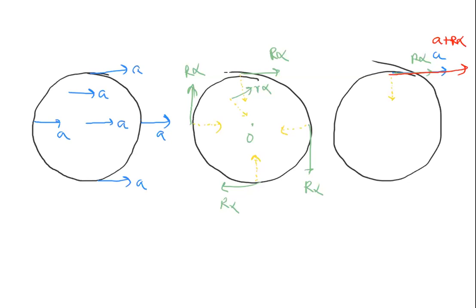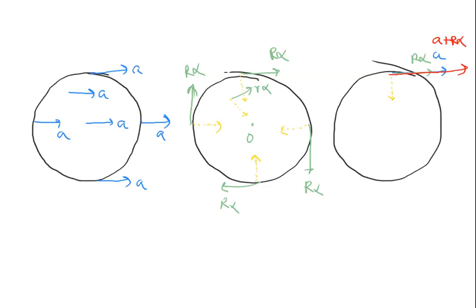Therefore, I have not taken the yellow arrow as part of the net acceleration. But if somebody asks you for the net acceleration of the topmost point, definitely you have to take the yellow arrow as well.